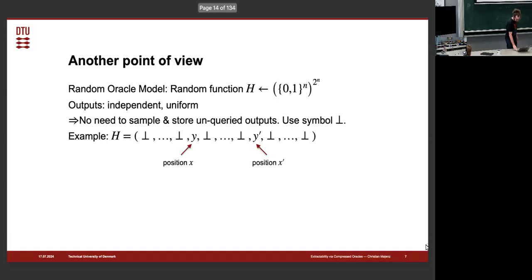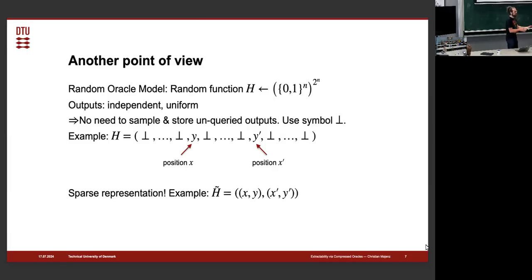So now we have this huge list with mostly bottoms and a couple of sampled outputs. That's of course inefficient because we don't need to store all these bottom symbols. Instead, we can use a sparse representation. In this example, we just get the list that has pairs x, y and x prime, y prime, instead of this huge list where somewhere in the middle there's a y and a y prime.